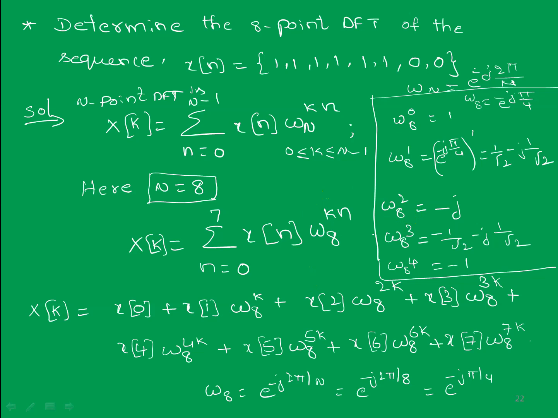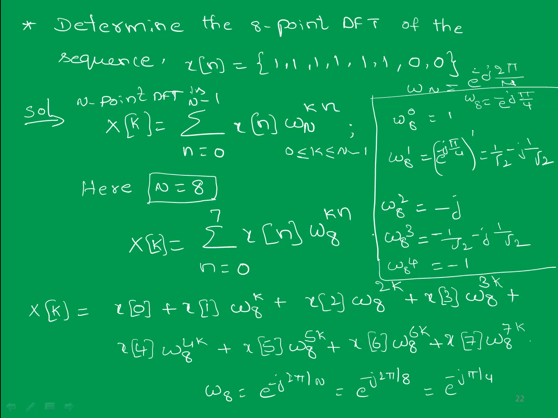To reduce that complexity, if you find W_8 power 0, which is 1, since anything power 0 is 1, then W_8 power 1, W_8 power 2, W_8 power 3, W_8 power 4, the remaining twiddle factor values can be converted into any one of these 5 using the symmetry and periodicity properties. We have seen that in the previous video.